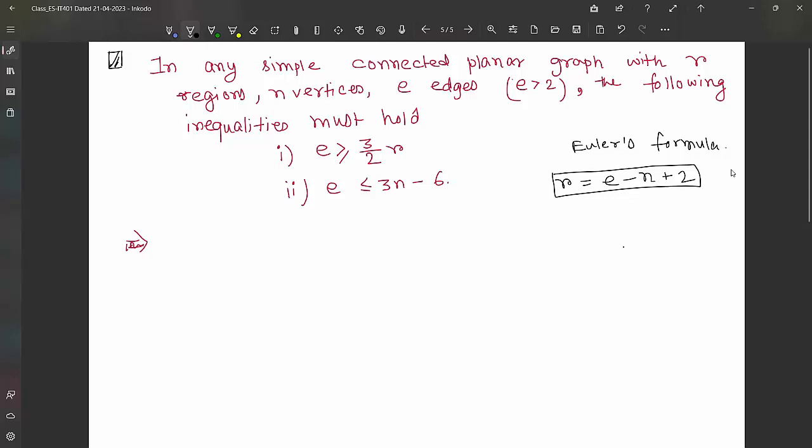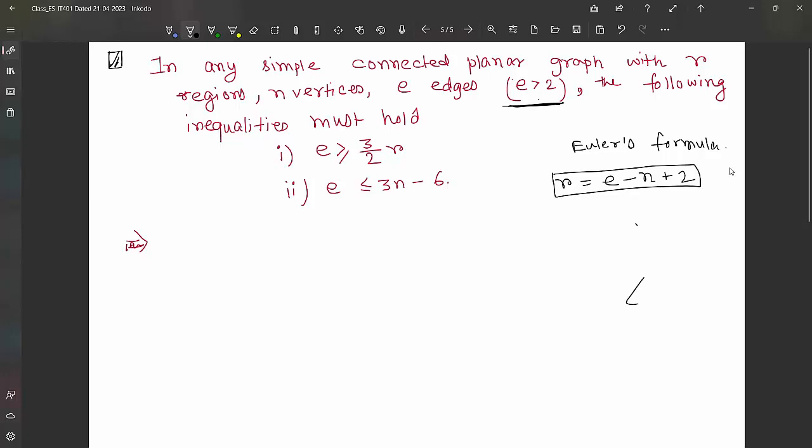But to produce a bounded region, you can see in your question or statement that e is greater than 2. So e greater than 2 means starting from 3. So if e is 3, then you have only one infinite region.